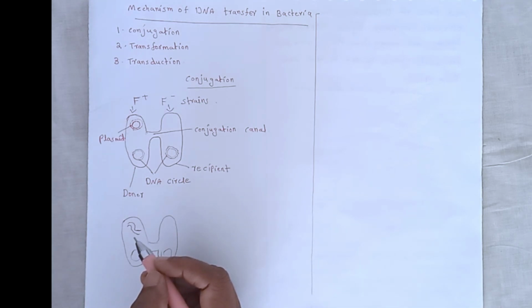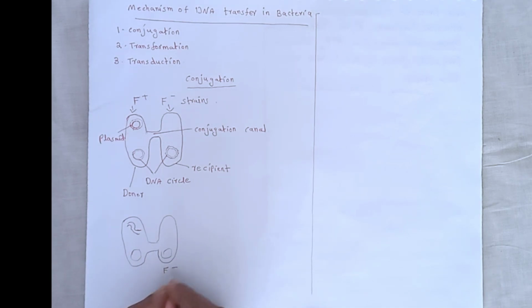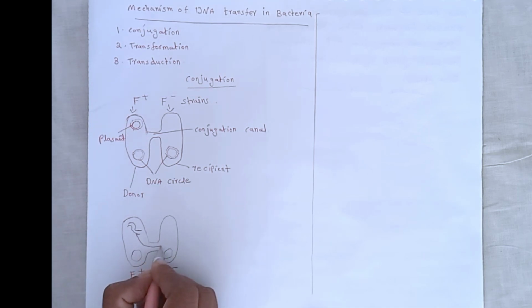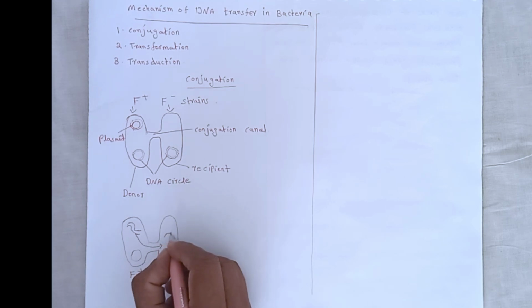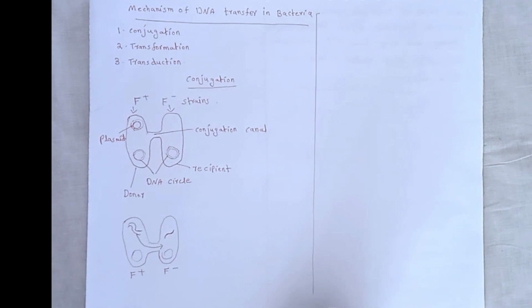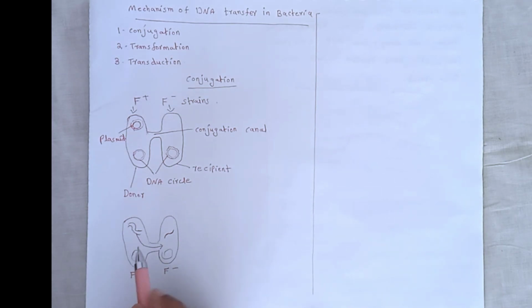One of the DNA strands moves through the conjugation canal and enters into the F minus strain, that is, the recipient bacterium. Now both bacteria have a single strand of plasmid.